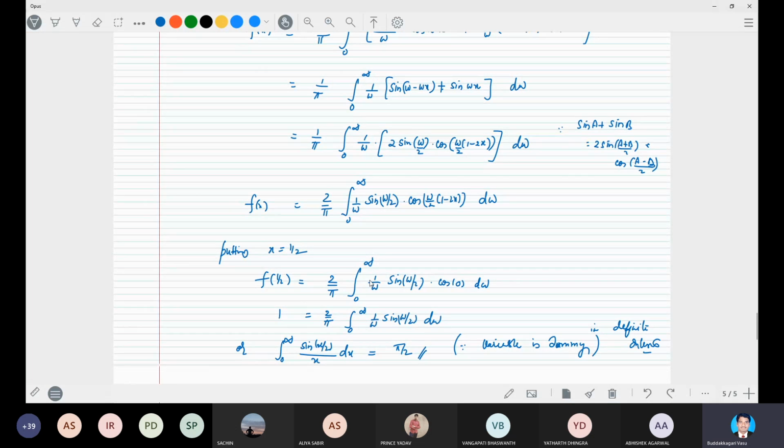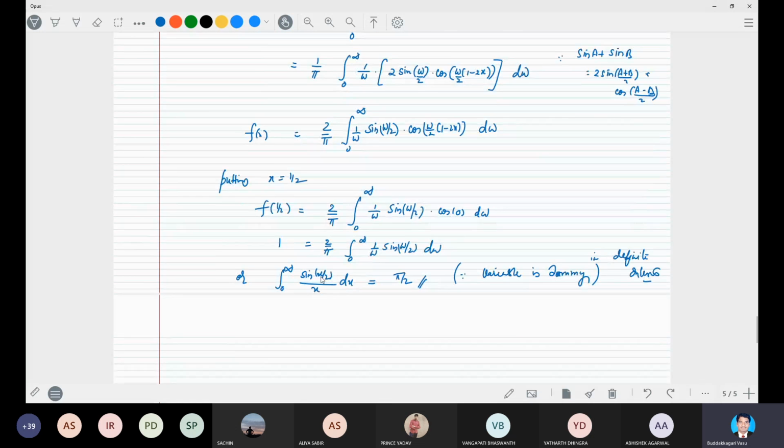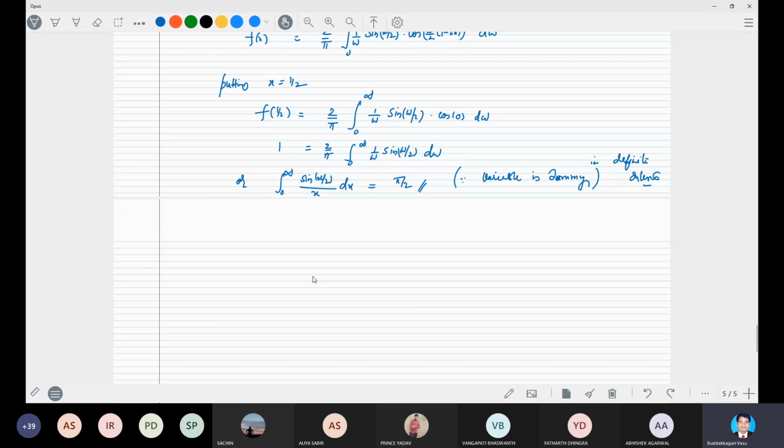Clear? Any doubt in this? Like that also we can do the problems, by using Fourier integrals. In the same way, Fourier cosine integral and Fourier sine integral can be determined.